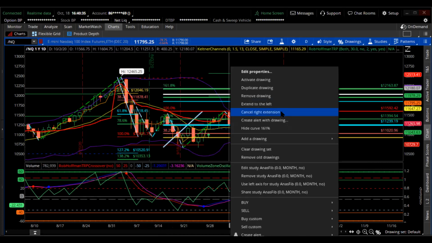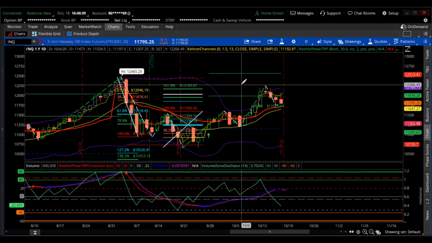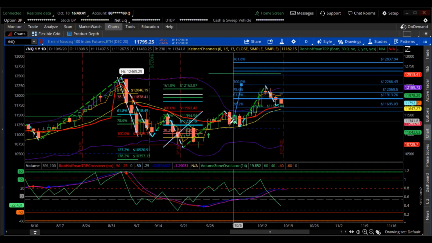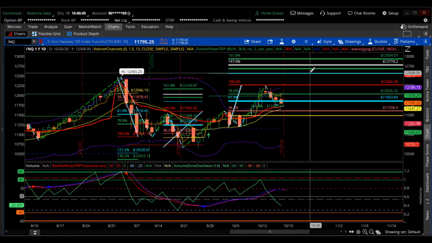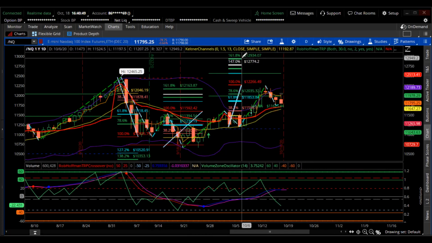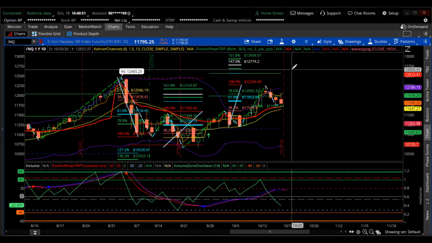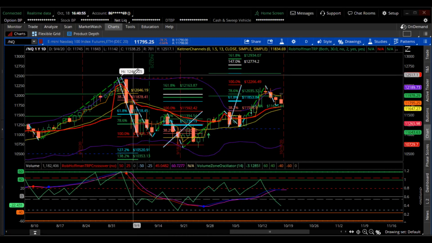Since that one is done, you cancel the right extension. You do another measurement from low to high at the bottom, and let's cancel the right extension again. So the possibility of reaching this top is really, really high.